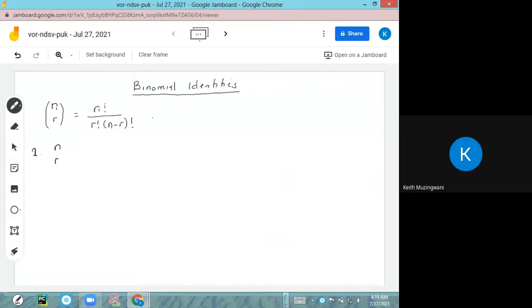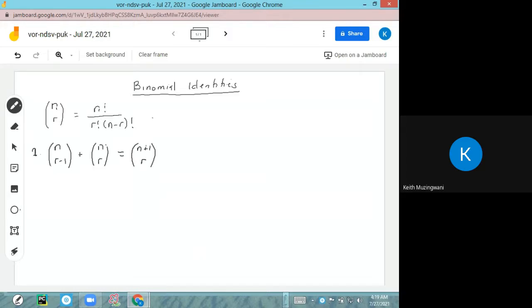n choose r minus 1 plus n choose r is equal to n plus 1 choose r.